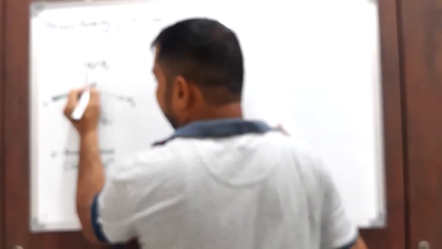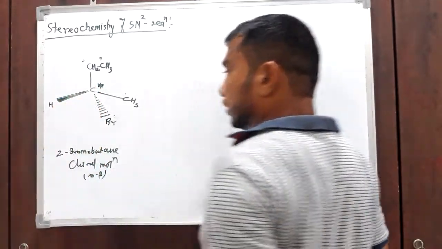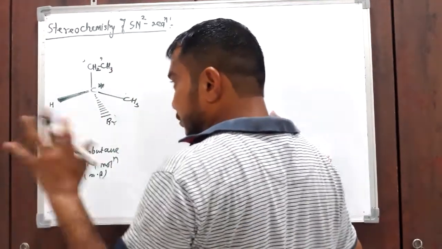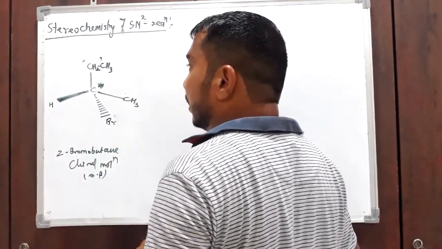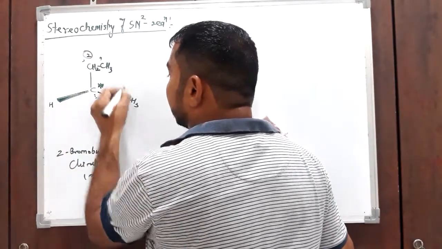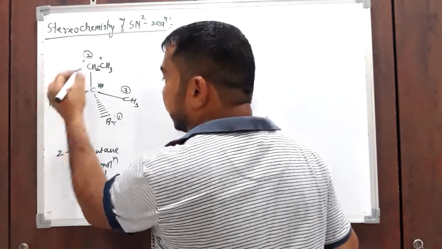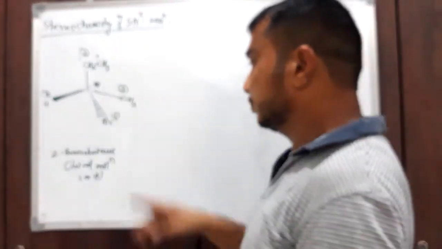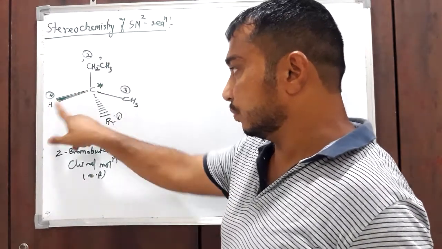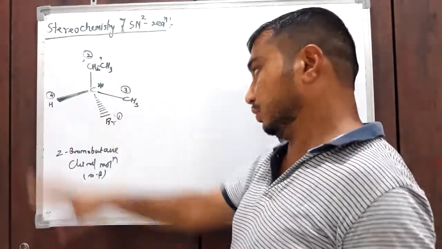This is the chiral carbon atom, carbon number 2 is the chiral carbon atom. As per our rules, RS system configuration: first number goes to Br, second here, third here, and fourth here. So first preference Br, second preference ethyl group, third preference methyl group, and fourth preference hydrogen.